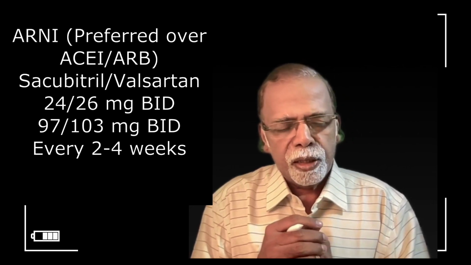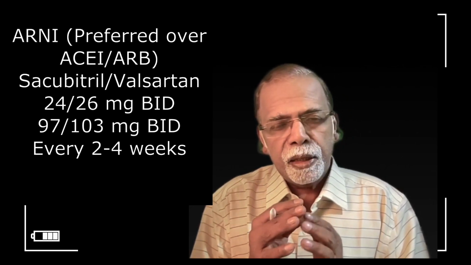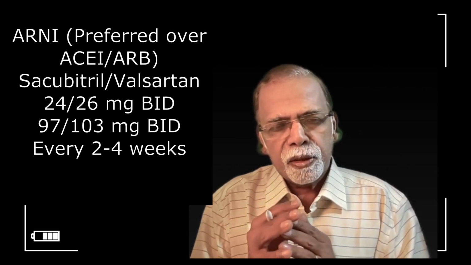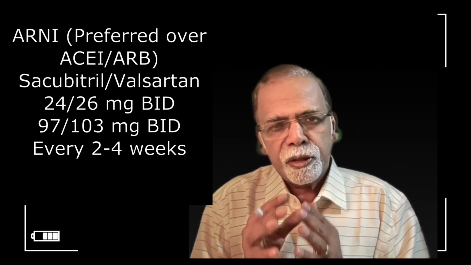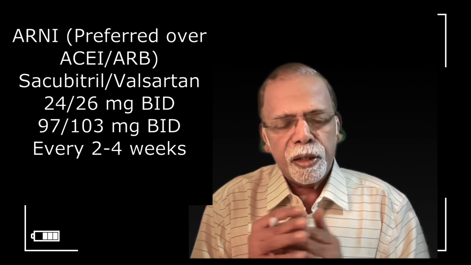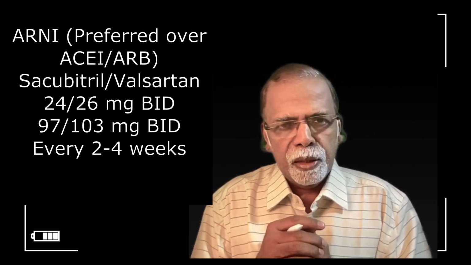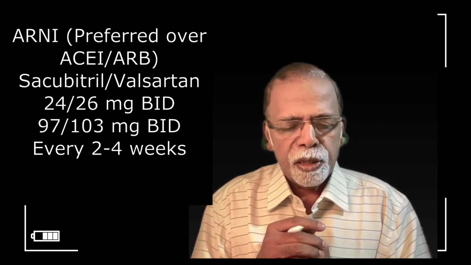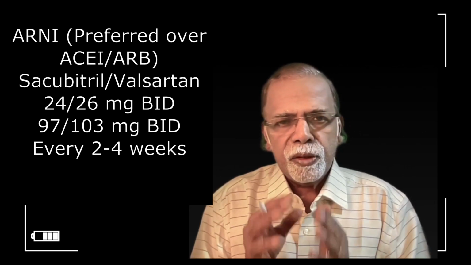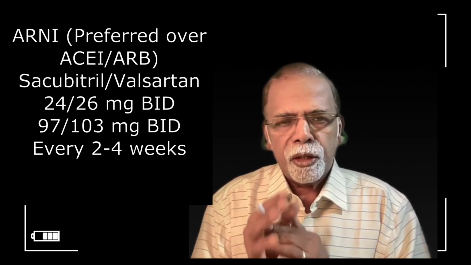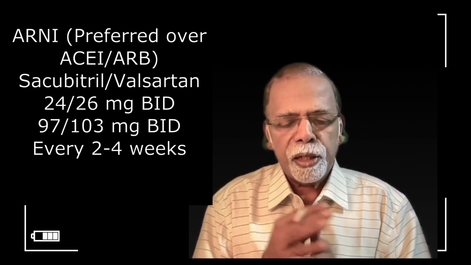So first we take the RAS blockers. ARNI is preferred over ACE or ARB. The common drug is sacubitril valsartan. You start with 24/26 milligram, that is a 50 milligram tablet.